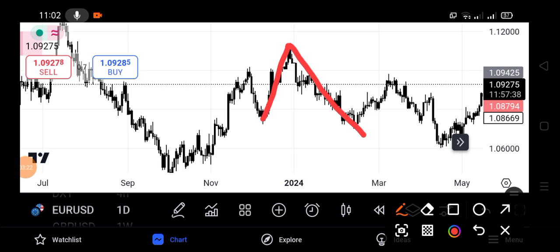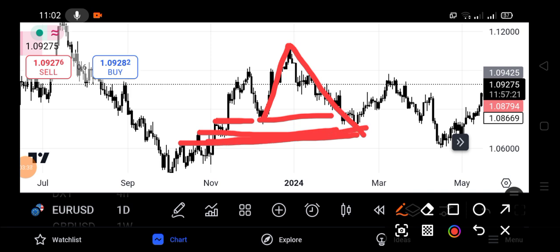Go up here, came down, took this liquidity area. Remember, this was the area that we respected last time. Look at this area, right? Look at this area.